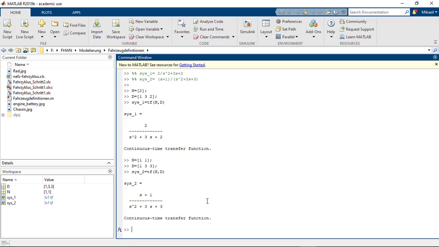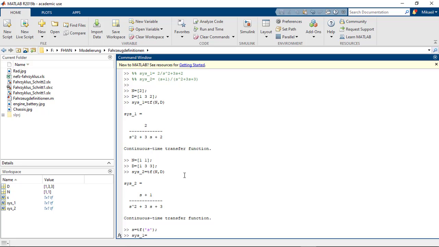And there is another way of defining our systems in Matlab. We can define s as a transfer function variable. For example, if we write s equals transfer function 's', now we can write our systems normally.